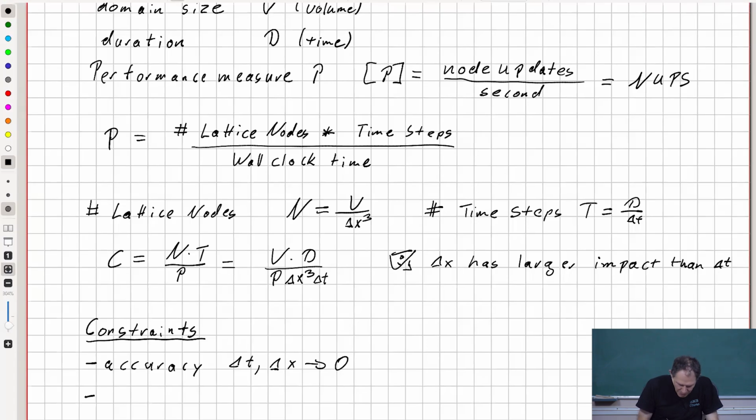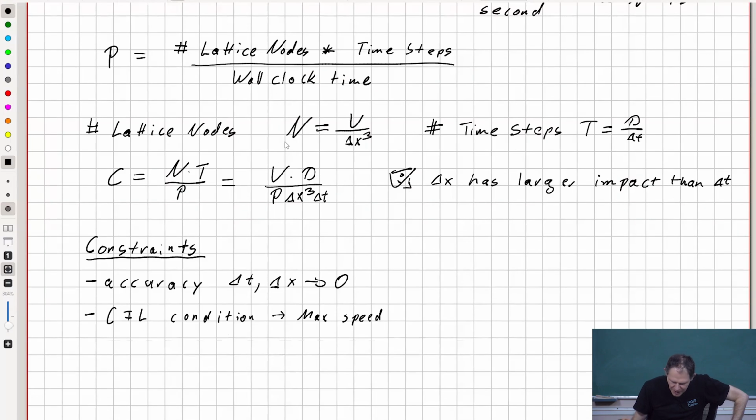Okay, so beyond the physical things, we have the numerical things. Of course, we have the CFL condition that we have to fulfill. This means there's also max speed. Max speed, by the way, also means that time step and grid spacing are coupled. Yeah.